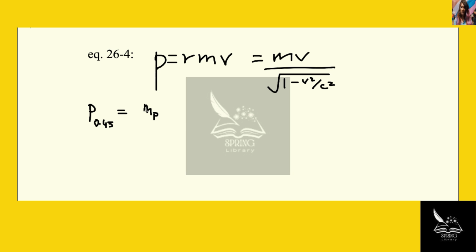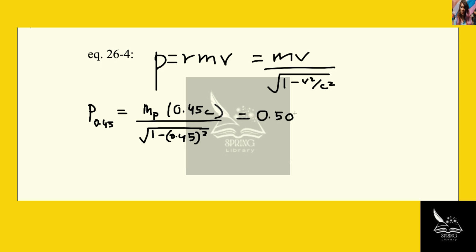That'll make our calculations easier. Times velocity, here it's 0.45c over the square root of 1 minus 0.45 squared, because the c in the numerator and the c in the denominator cancel. You get something very close to 0.5039 mpc.